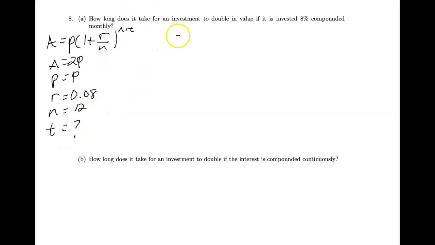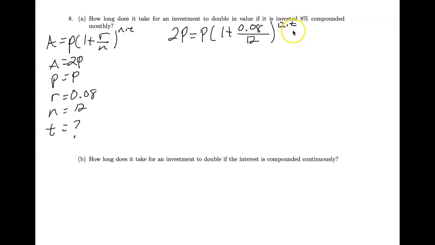Let's plug all this information in, so we'll have 2P equals P times (1 plus 0.08 over 12) to the 12 times t. The equation we're left with is an exponential equation because the variable is in the exponent.